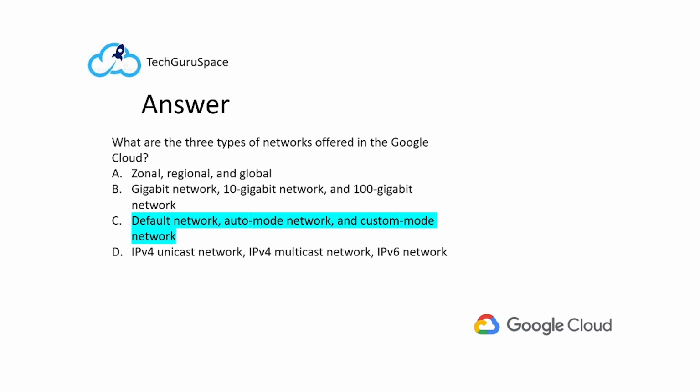The right answer is C. The three network types offered by Google Cloud are default, auto, and custom. Each project starts with a default network. The auto type network uses the same subnet IP ranges as the default type with a network name other than default. A custom type allows you to specify the IP ranges of the subnets.